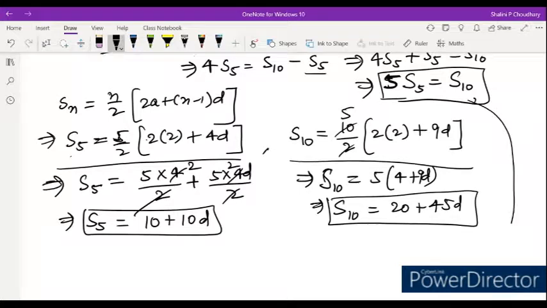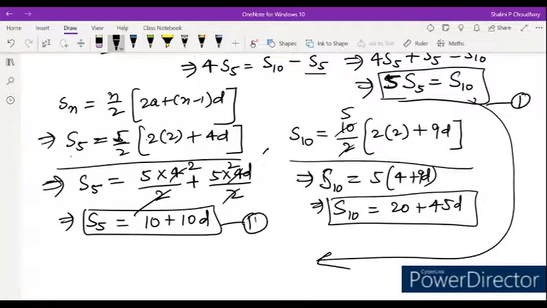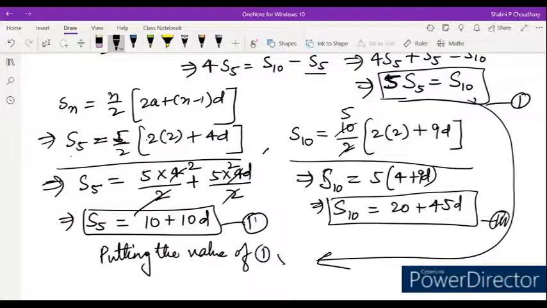So now we'll put the values. Let's take this as equation 1, equation 2 and equation 3. Now what we have to do is put the values of equation 2 and 3 in equation 1.